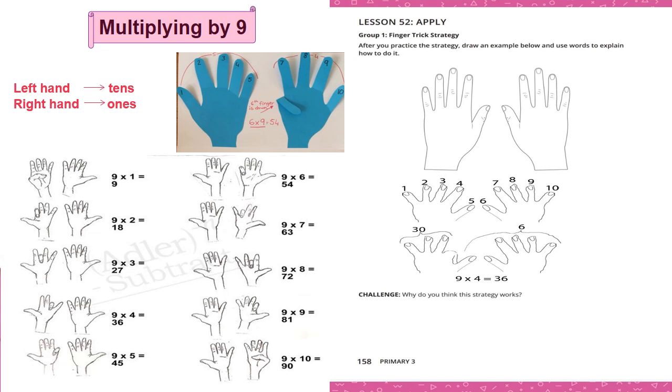How many fingers on the right side? Yes, 6 fingers on the right side. It means 6 ones, and 6 ones equals 6. So the final result here, 30 plus 6 equals 36.